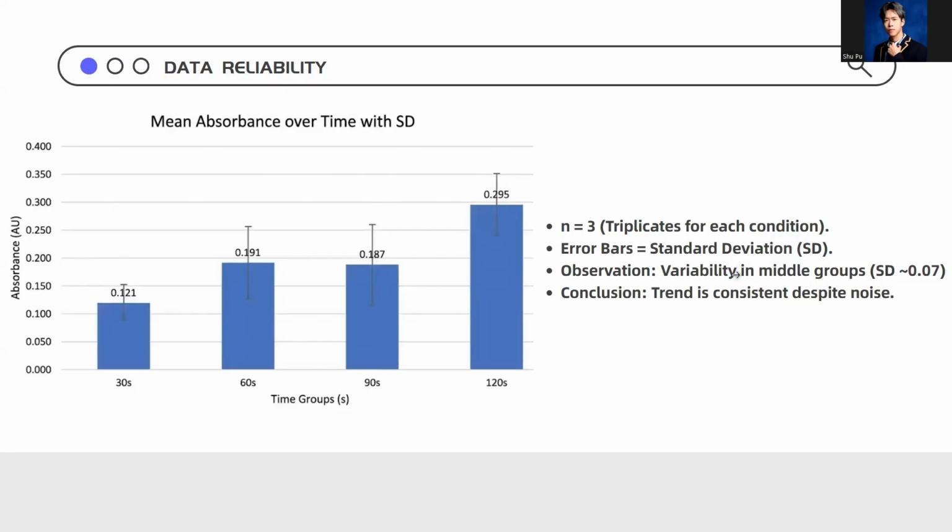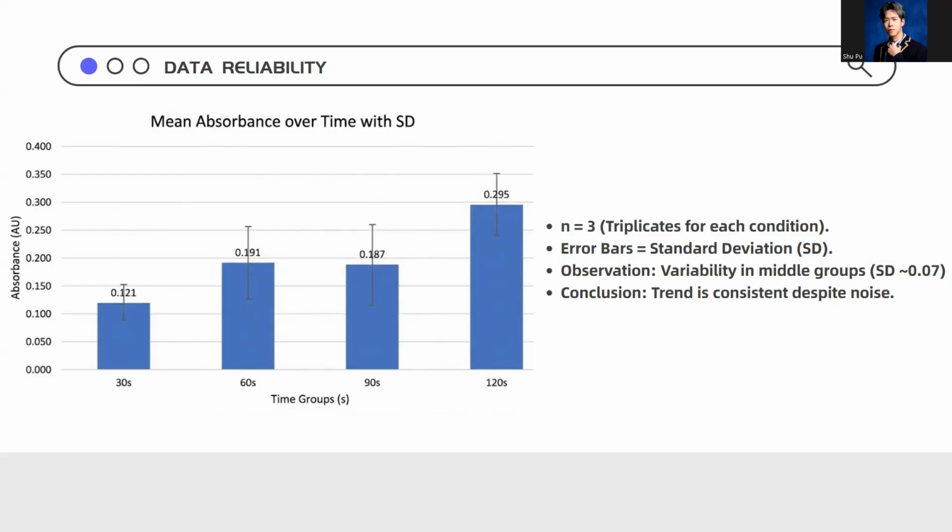But as scientists, we must ask the question, can we trust the data? To ensure reliability, we performed 3 technical replicates for every single time point. The error bars you see here represent the standard deviation. You might notice the error bars are a little bit larger in the middle groups.